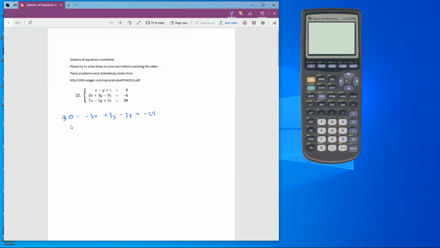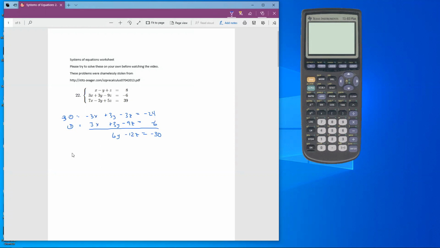We're going to leave equation 2 as is, so that's just going to be 3x plus 3y minus 9z, and that is equal to -6. When I go ahead and add those together, the x's cancel out. We end up with 6y minus 12z, and that is equal to -24 minus 6. That's equal to -30. All right.